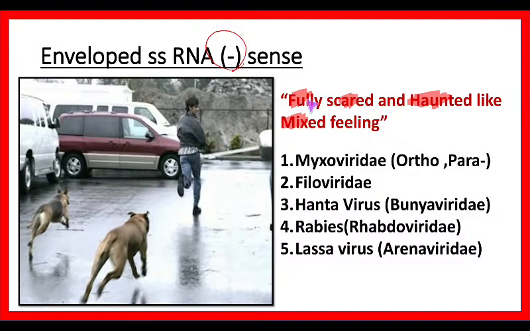So to remember, fully, so Filoviridae; scared, air, so Arenaviridae, that is Lassa virus; and hantavirus of Bunyaviridae. Then mix, so it is Myxoviridae, that involves both Orthomyxovirus and Paramyxovirus. These are all enveloped single stranded negative sense, because at this point of time everyone will be having a negative thought. So negative sense, it is RNA, only one person, and single stranded, again one person, enveloped.